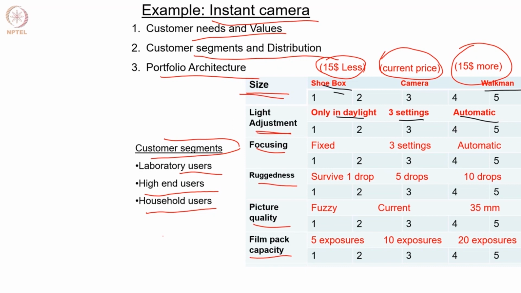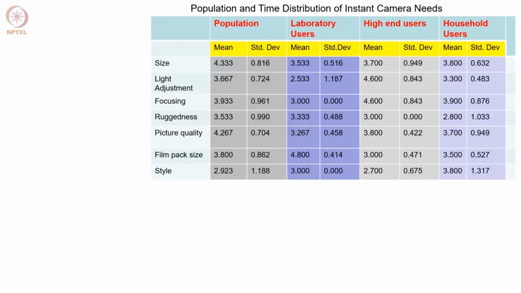This is what we are looking for. Now, if you do a survey and collect all this information, then you will be able to get the customer segments and the distribution. We know the 3 segments, and for each segment we will be able to get the distribution, the mean and standard deviation. If you assume that this information is given to you, we are not going to see how to get it.